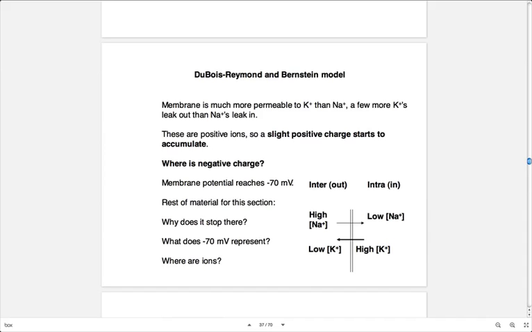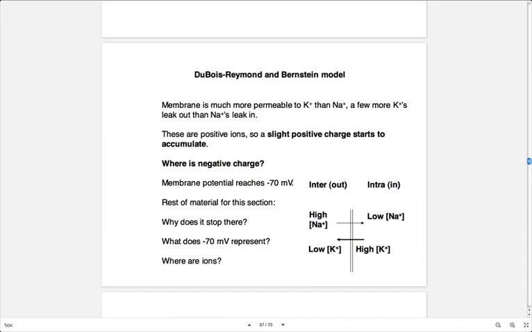Where? Outside, good. And then inside the cell, you have this negative charge, lined up on the inside of the membrane.